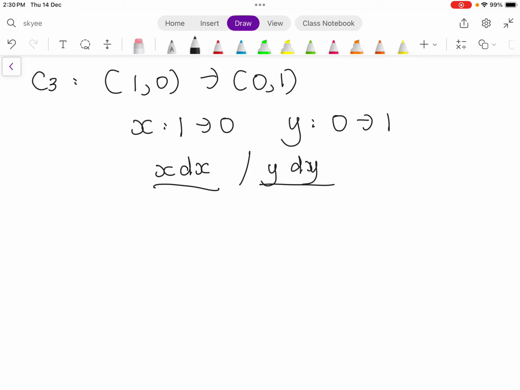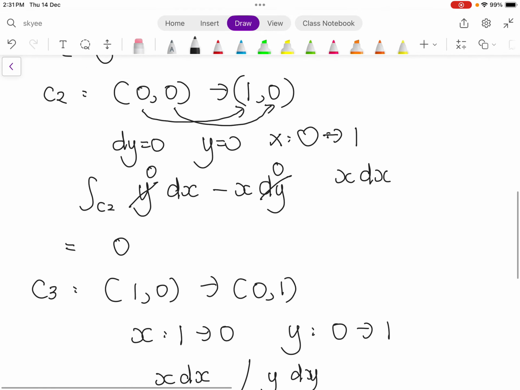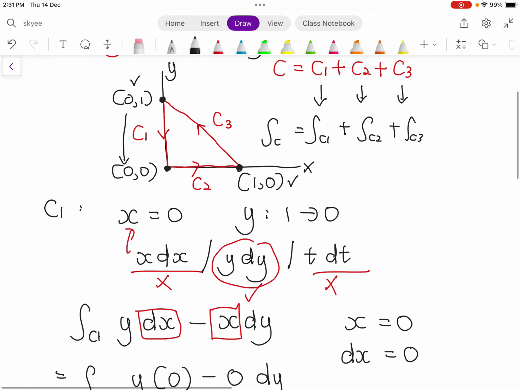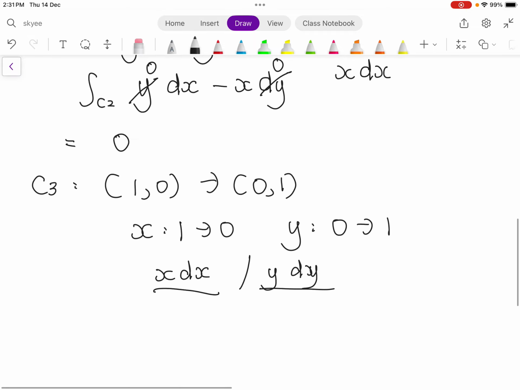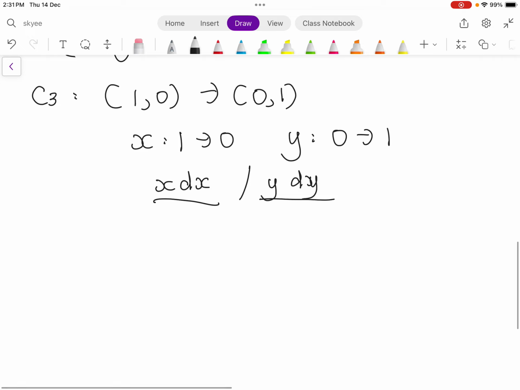Okay, so in order to convert it into the x dx or y dy, we need to find out what is the relationship between the x and y. Am I right? So these 2 points, they are joined together by a straight line. So the straight line has the equation y equals mx plus c.